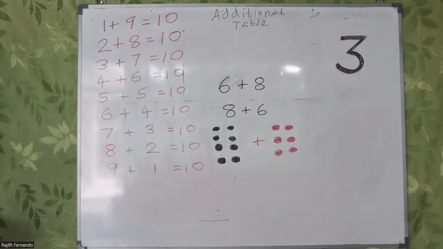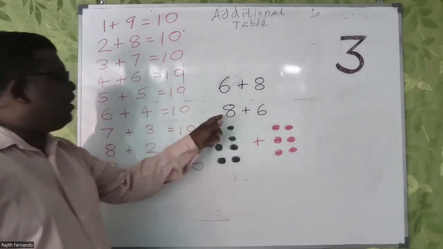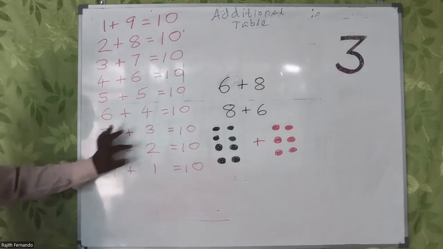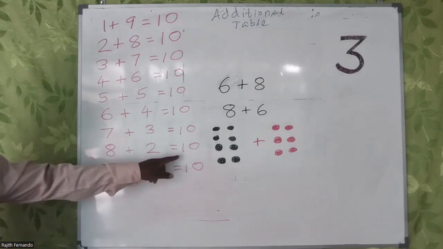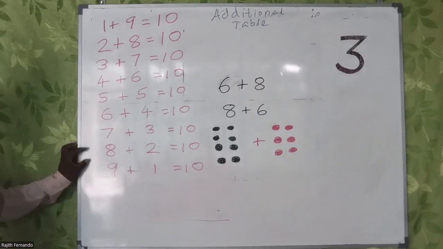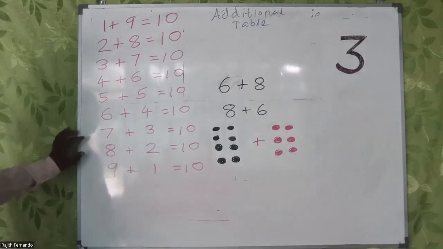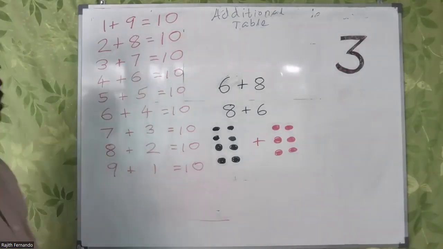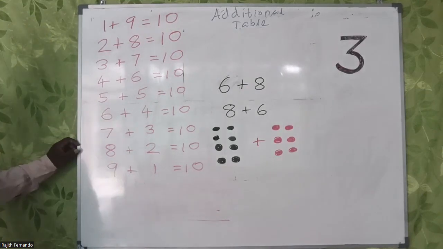If you need to add 6 to 8, now you know your addition table. If you add 2 to 8, then you get 10. You have to remember this one. If you have 8, then there are another 2 you have to add to become 10.